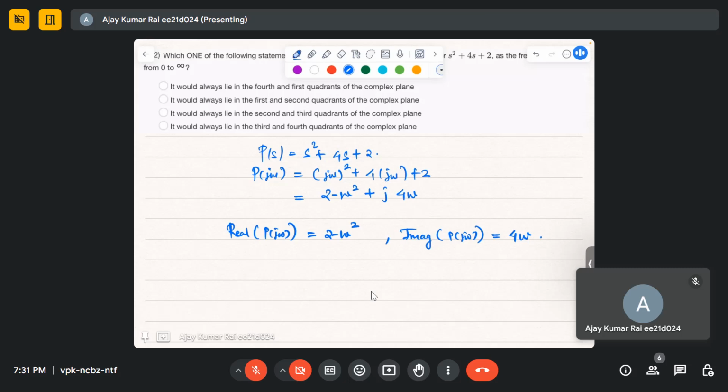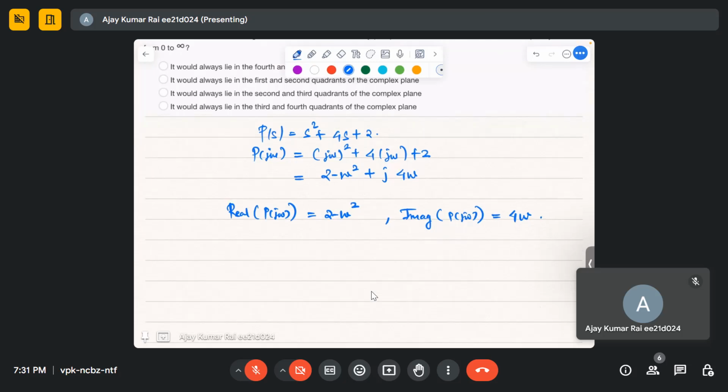And for the imaginary part, you can see it's always positive because you're varying omega from 0 to infinity. Okay, it's always positive. Let's see the magnitude here.